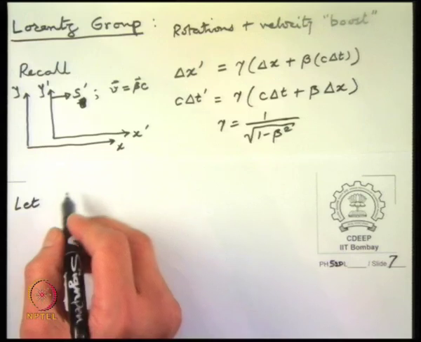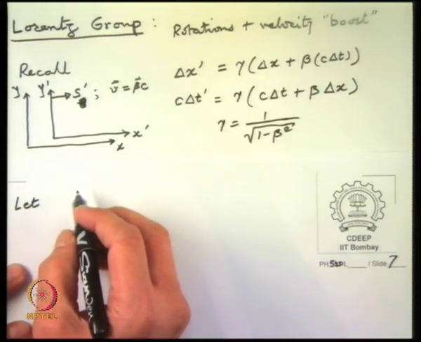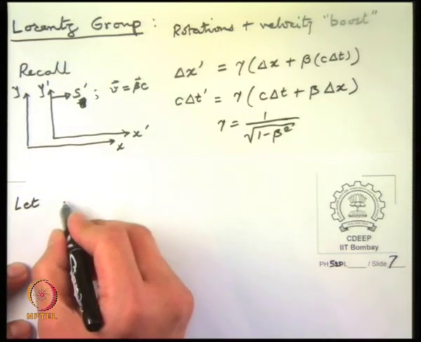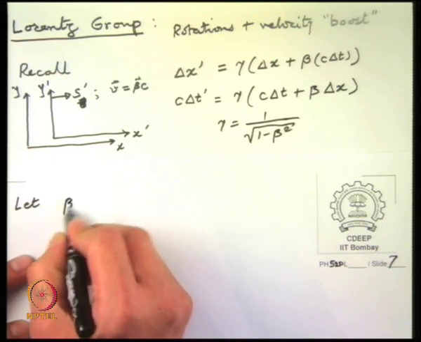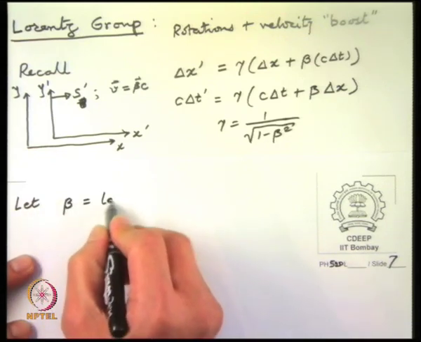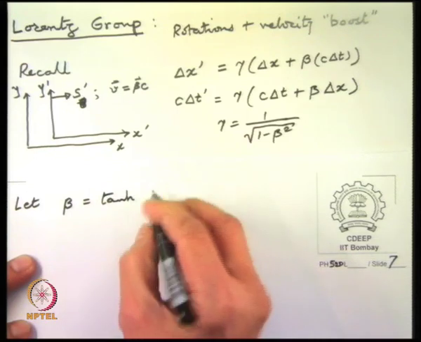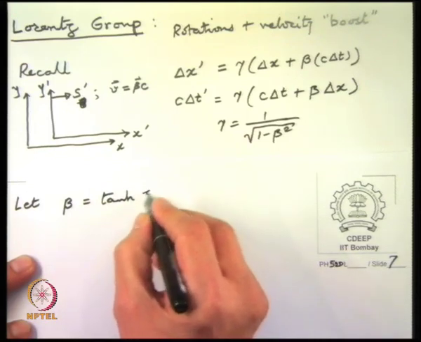Slightly more sophisticated looking rotations, or slightly more upscale rotations. So let this factor beta be equal to tan hyperbolic of some symbol psi.